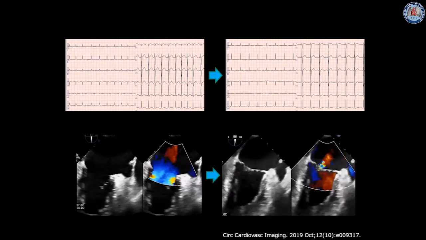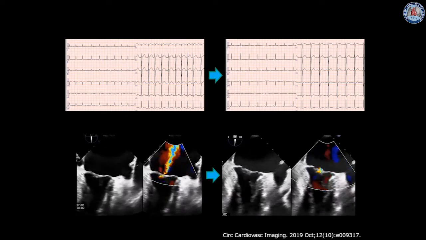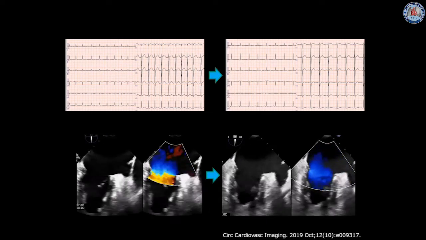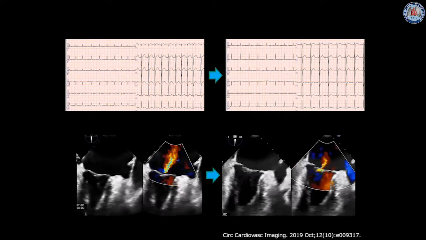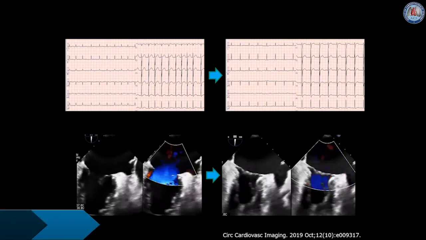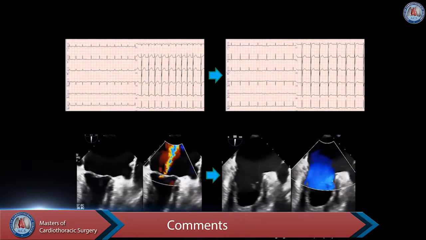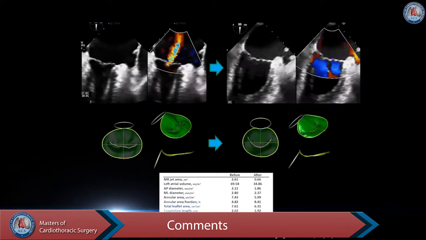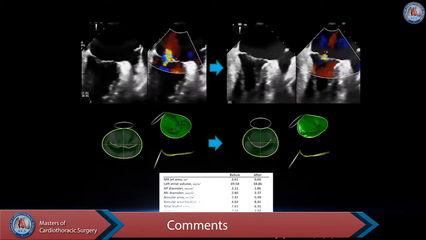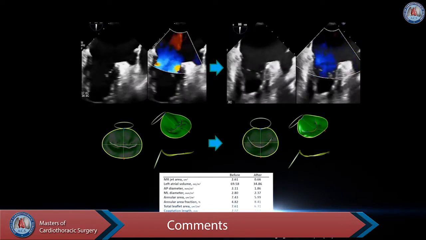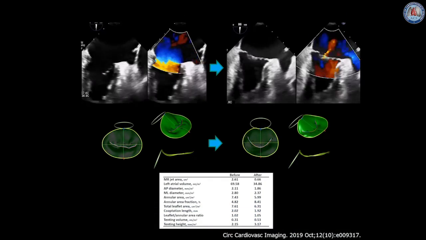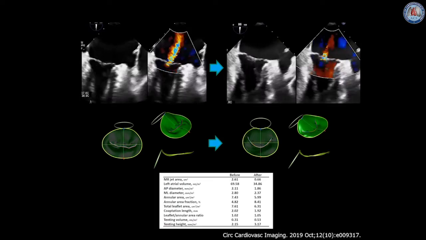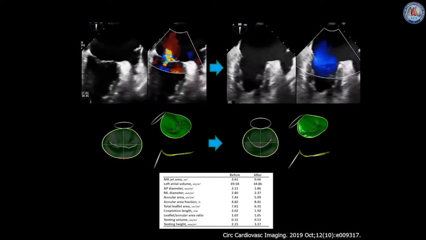This is another patient with atrial functional MR who showed significant improvement in MR after catheter ablation. Atrial MR was apparently diminished after maintaining sinus rhythm by catheter ablation. LA volume and mitral annular size decreased.